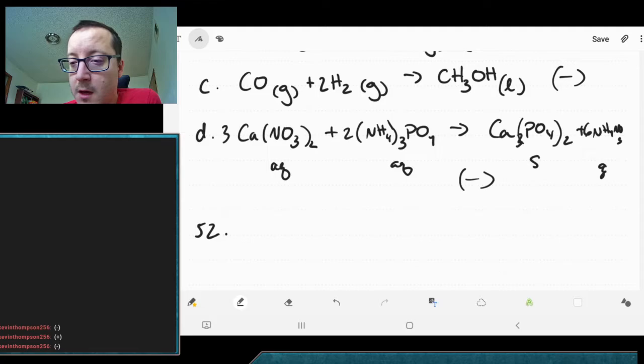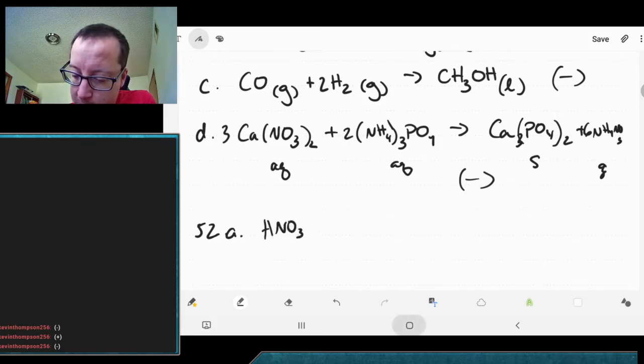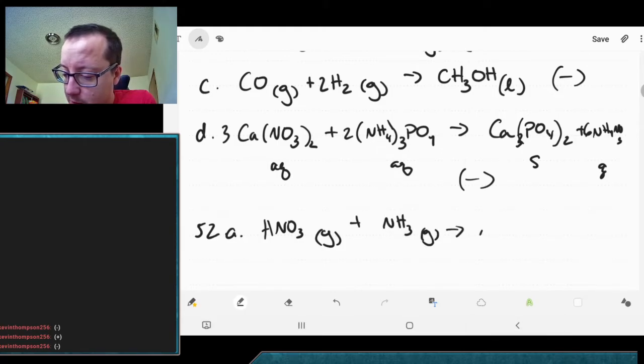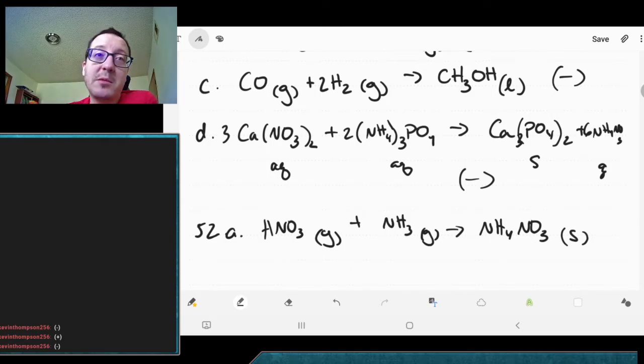Alrighty. So 52, let's go ahead and do that. This one wants us to calculate delta S as well as explain it. If we look at A, we're going to have hydrogen nitride plus ammonia turning into ammonium nitrate. Before we calculate it, we should probably just predict it.